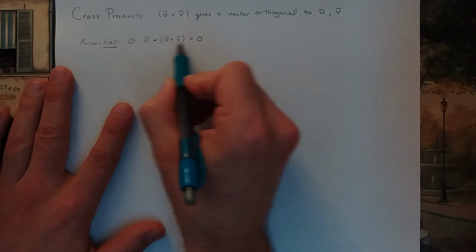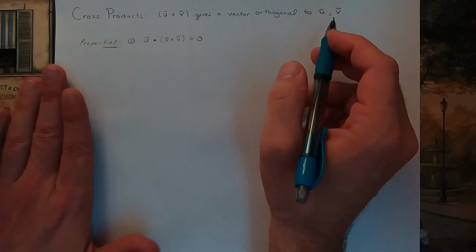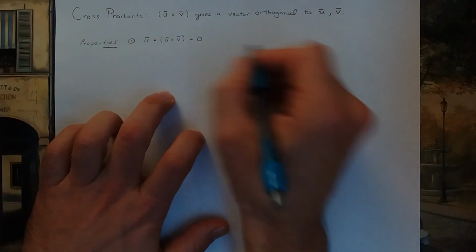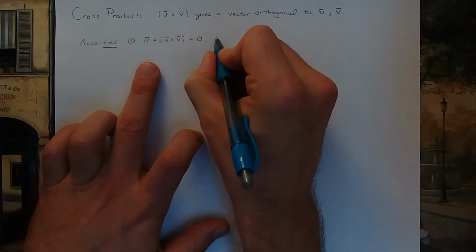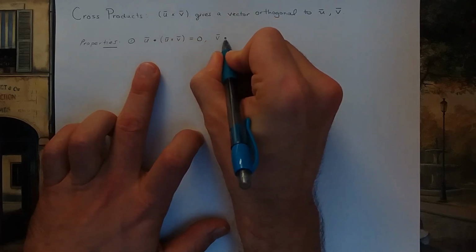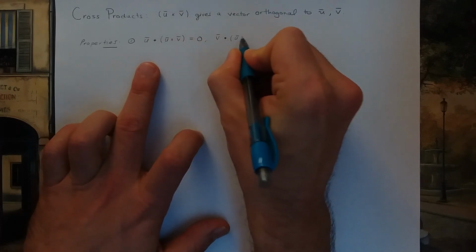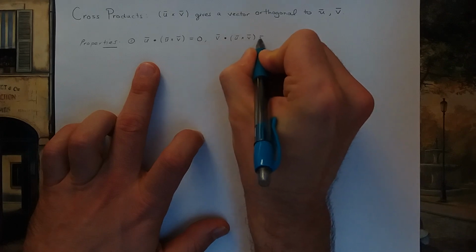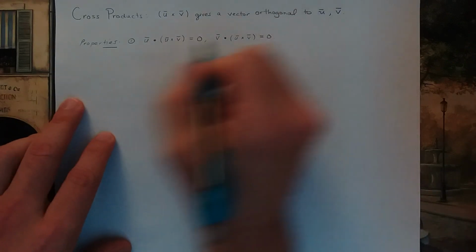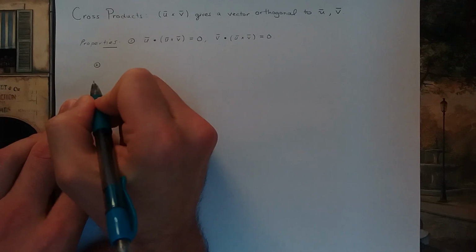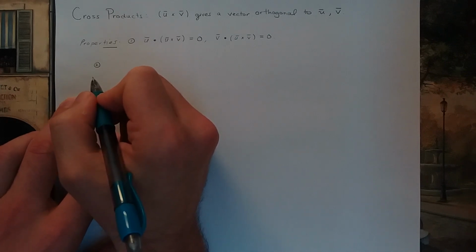If your dot product is 0, then your vectors are orthogonal or at a 90-degree angle. You could similarly write down v dot u cross v is also 0. So that's property 1.